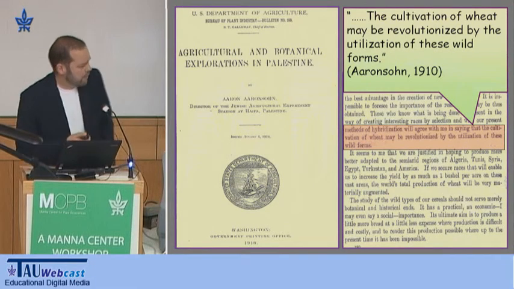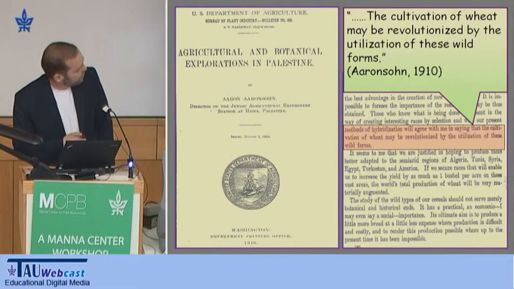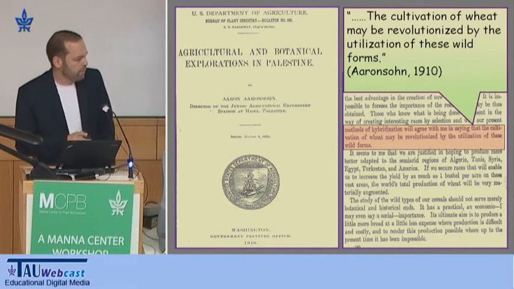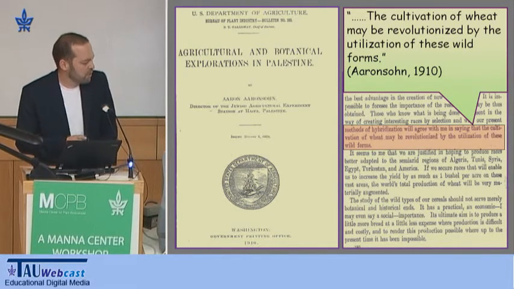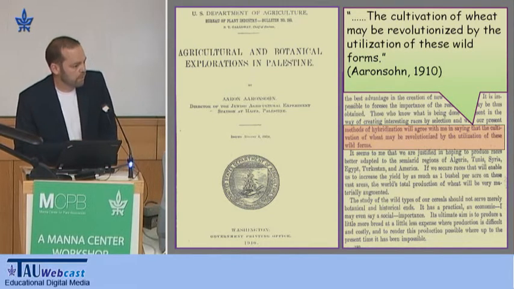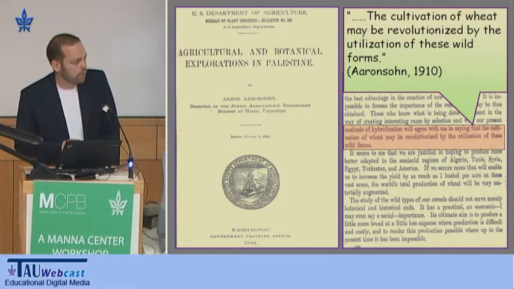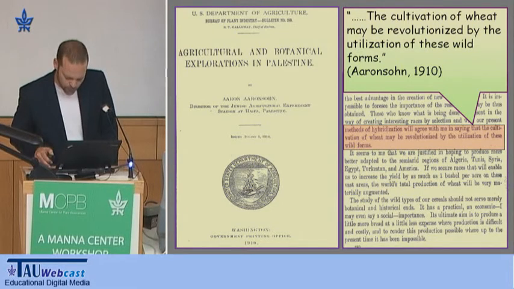And this idea is not mine. It originates from the discoverer of wild emmer wheat, Aaron Aronsohn, who had a vision that it would revolutionize wheat production. I don't know if it will create a revolution, probably not, but I think it can improve the yield and quality of wheat, and this is a strategy that I'm working on in my lab.